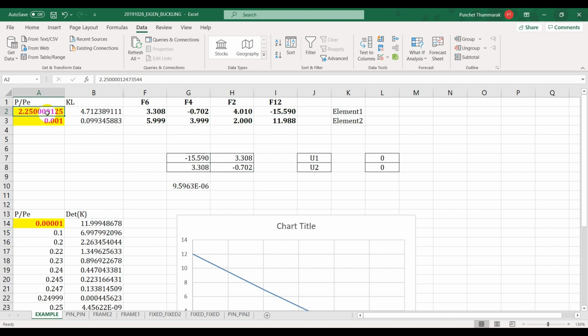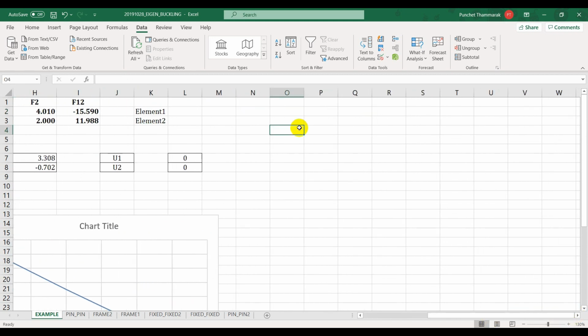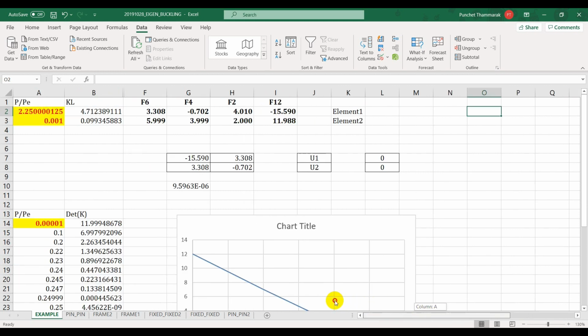But if you plot out the determinant, you can see how the function swings, and then you can pick the right root. It is affected by the algorithm of the goal seeker.